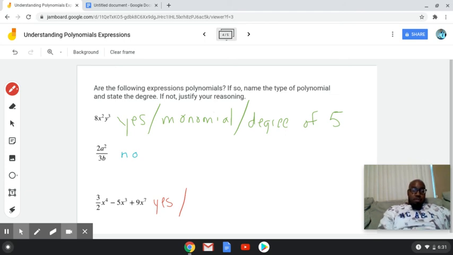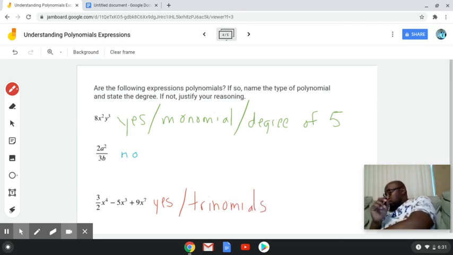Well, we have 1, 2, 3 terms. When it comes to three of them, kind of like a triangle, we call those trinomials. And this stuff can be found on page 20, okay, page 20.